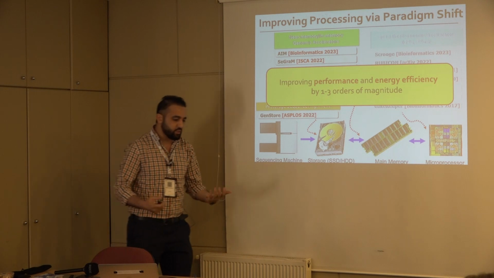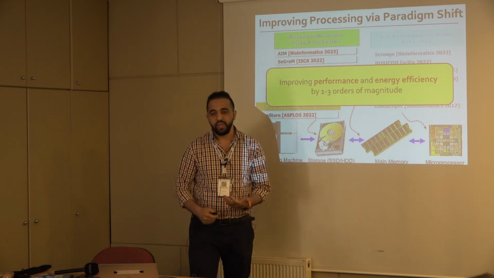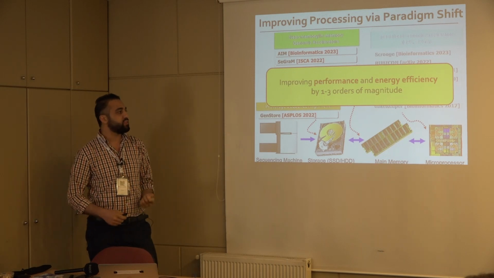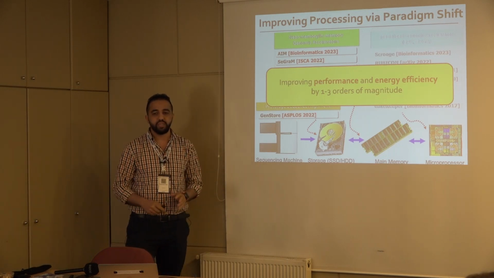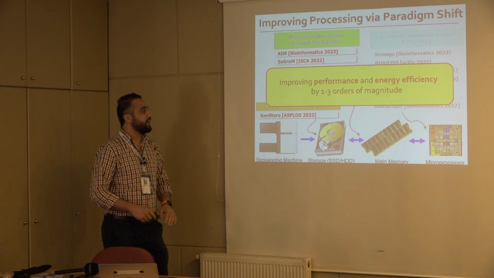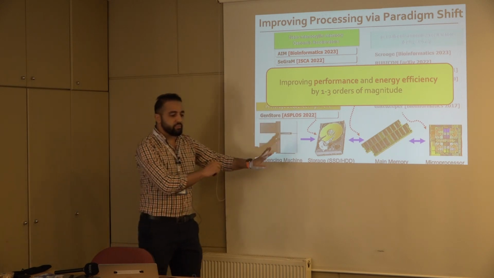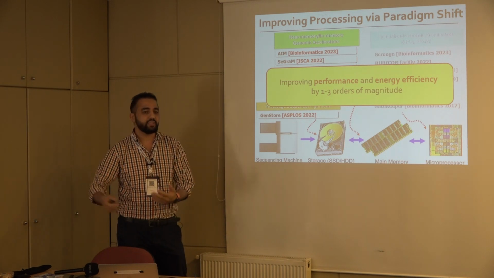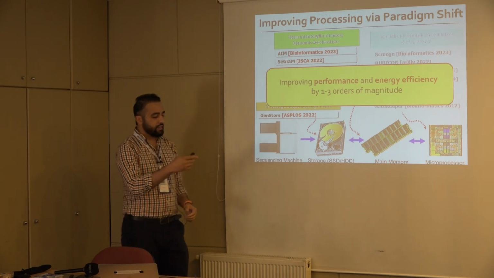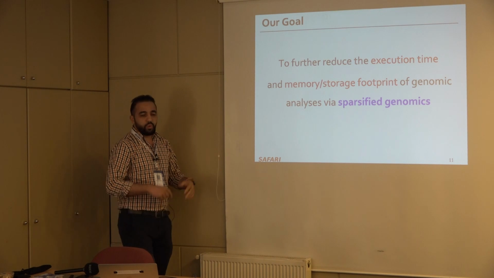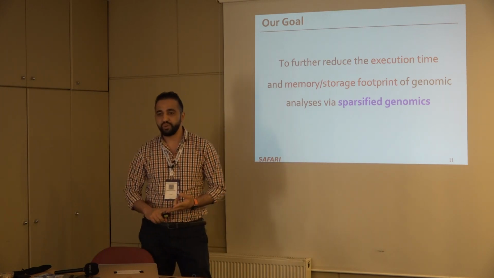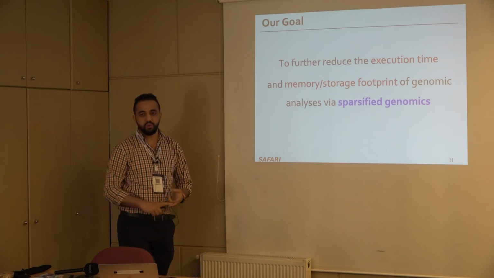However, we asked ourselves a question: can we do something else that even the CPU algorithm can benefit from, without doing processing in memory, for example? Hopefully by that magic solution, can we also benefit both hardware accelerators as well as software solutions? This is our goal. We would like to reduce the execution time and the memory and storage footprint via sparsified genomics.